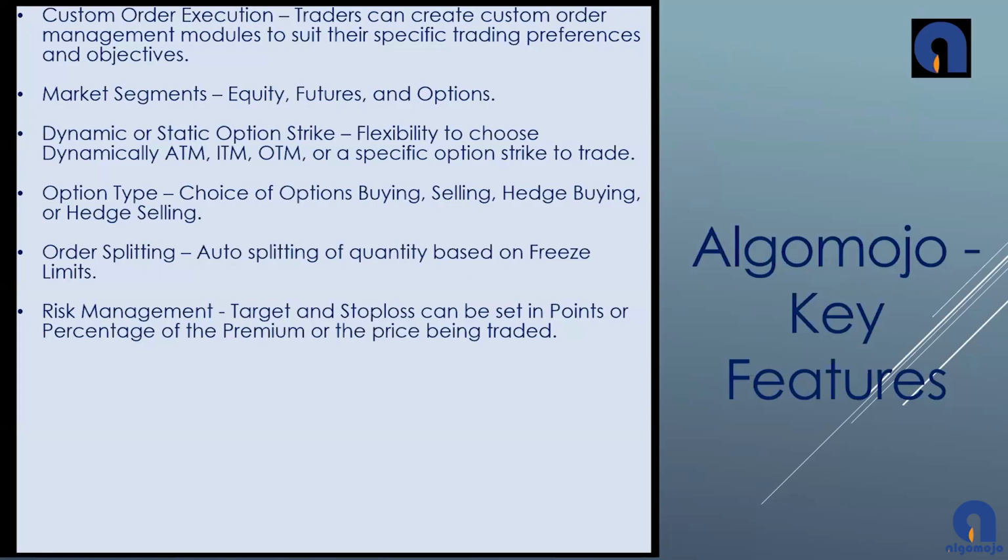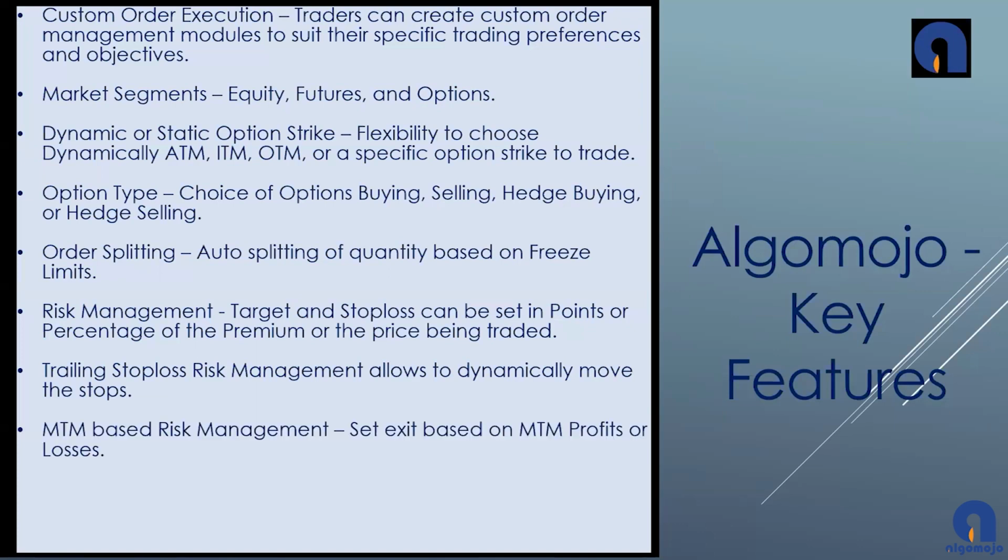Now, in terms of risk management, you have target and stop loss, which you can set either in terms of points or percentage. It could be of the futures or the equities or the option premium prices also. Then you have facilities like trailing stop loss to manage your risk further. Then you have M2M based risk management available.